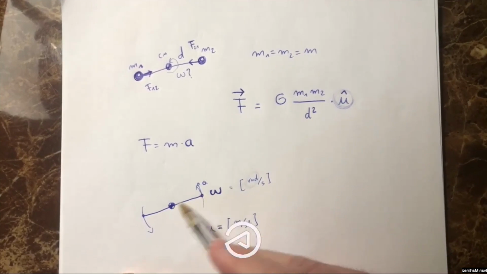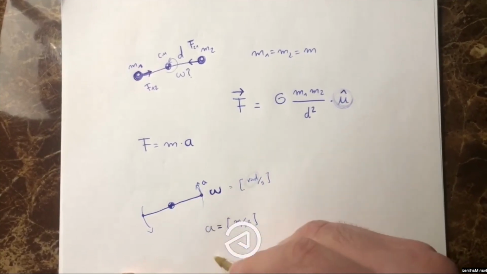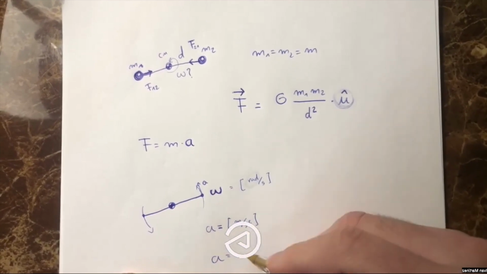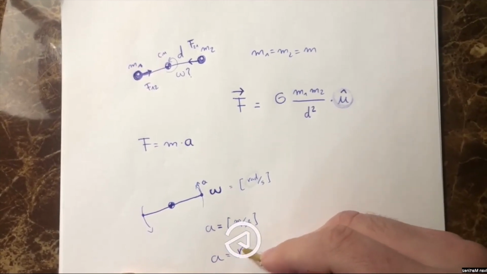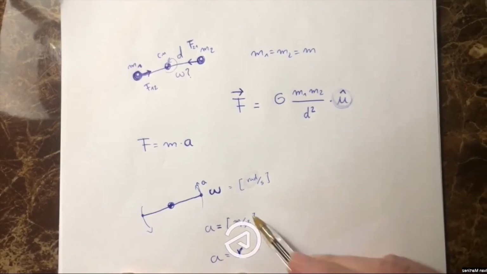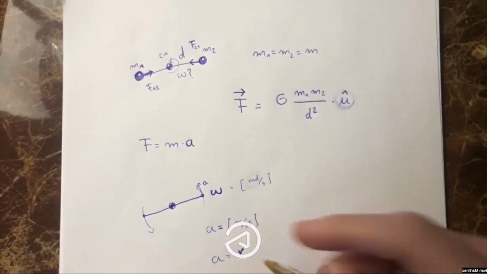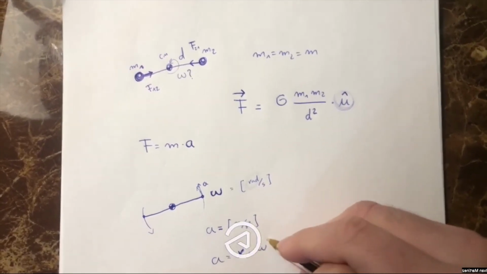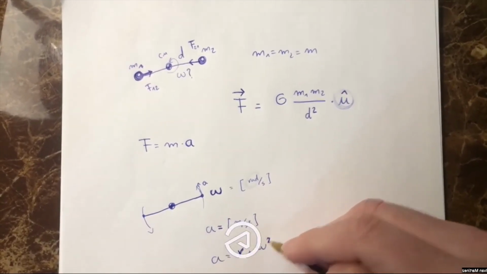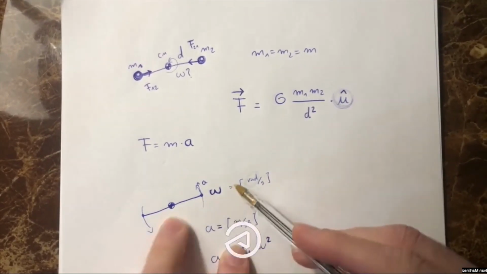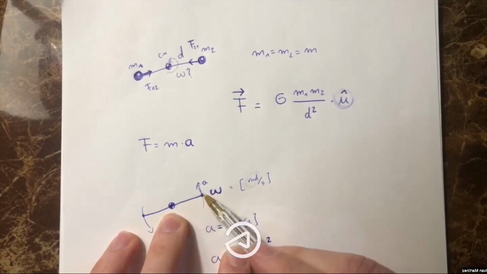So the acceleration A will be equal to some distance, let's call it R, with seconds squared in the denominator. So we're going to obtain them from here. What is this? This will be the distance to the point, which in this case is what?